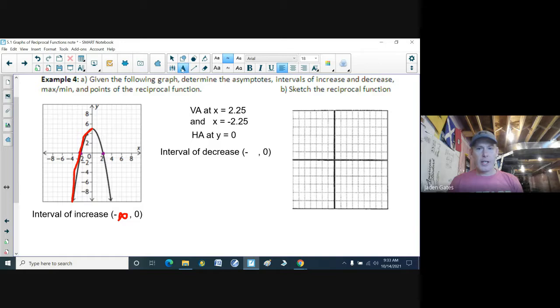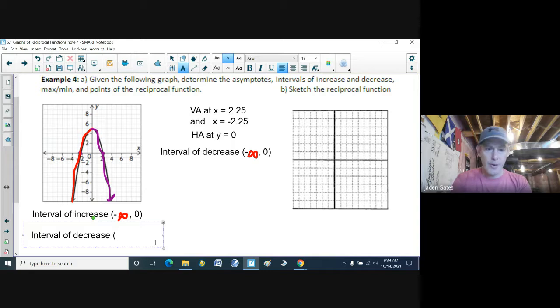Now, likewise, the intervals of decrease. From 0 on, this graph just goes down. All right, so interval of decrease, well, that's from 0 to infinity.